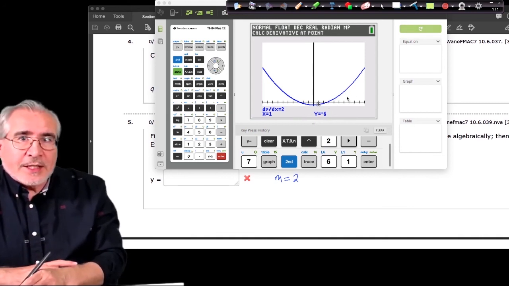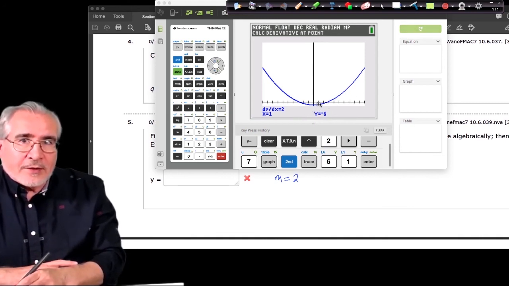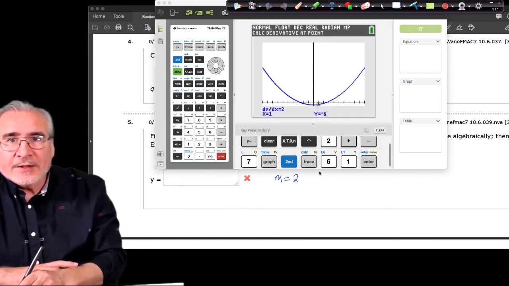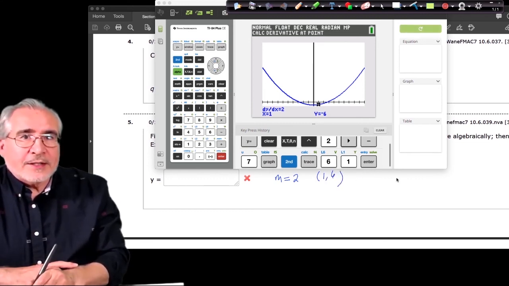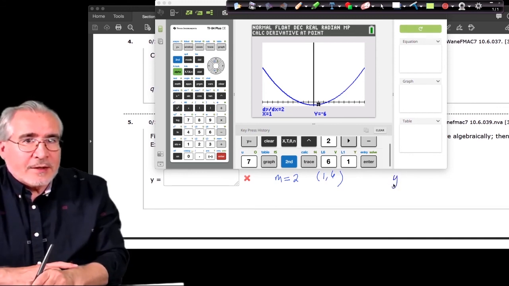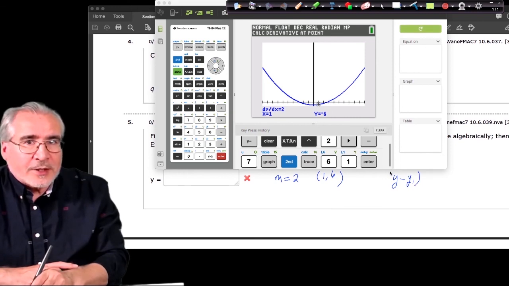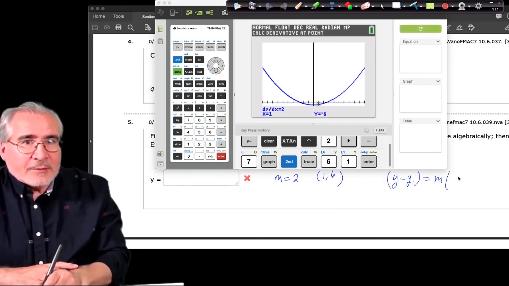This is a point on the tangent line as well as a point on the function, (1, -6). And so we can find the tangent line by using the point slope formula, y minus y1, this is from algebra, equals the slope times x minus x1.